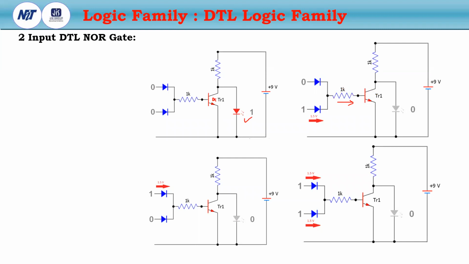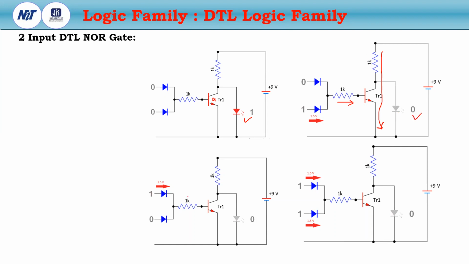Then the current will be produced through this, and the voltage drop will occur here. So the output will be 0. Then the LED will be in reverse bias, so the output will be 0.